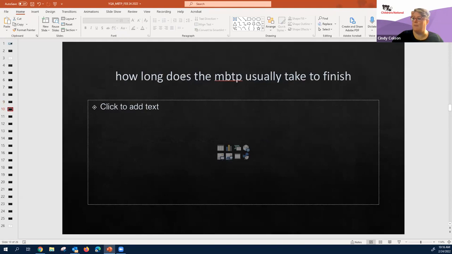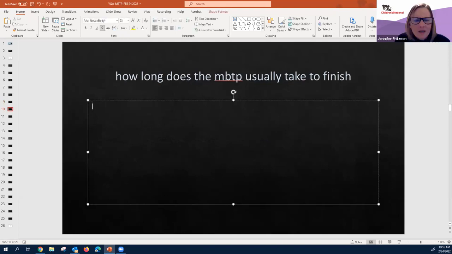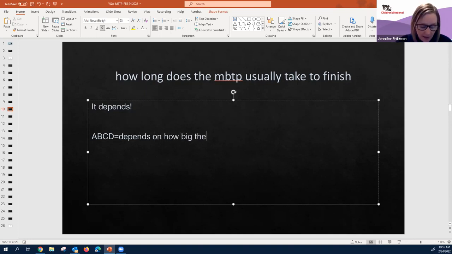How long does the MBTP usually take to finish? I'm going to try to answer this in the way I interpret it, because I think there are 2 ways to interpret this question. How long does it take to get through A, B, C, and D? A lot of it's going to depend on how big your access is and how quickly we're able to get blood down from the blood bank.